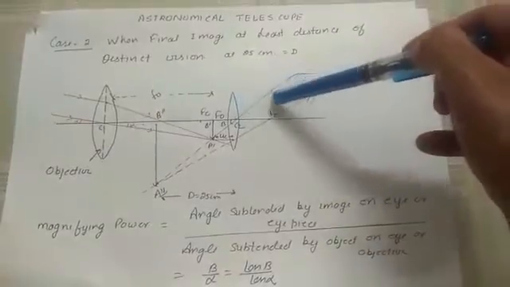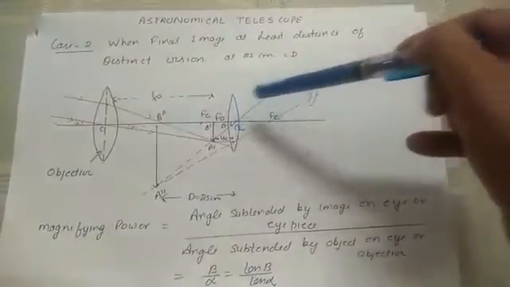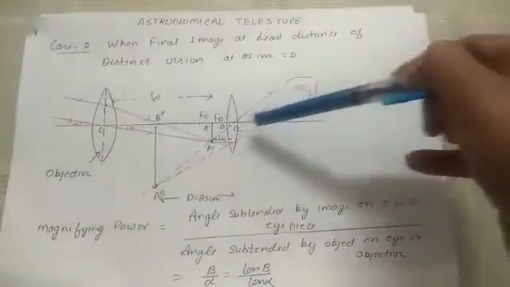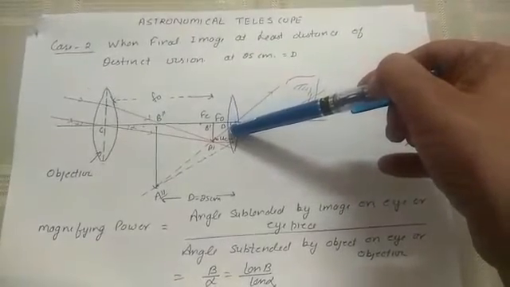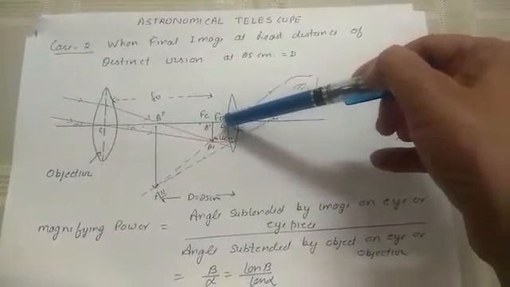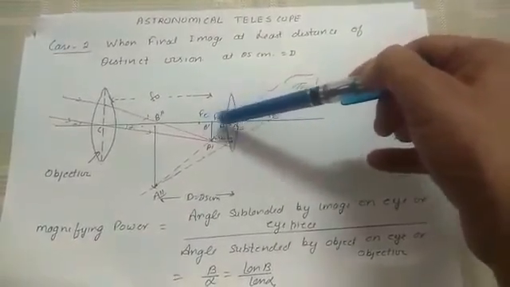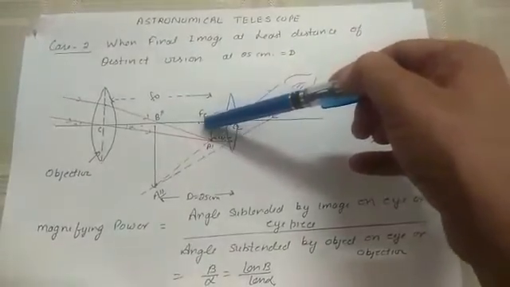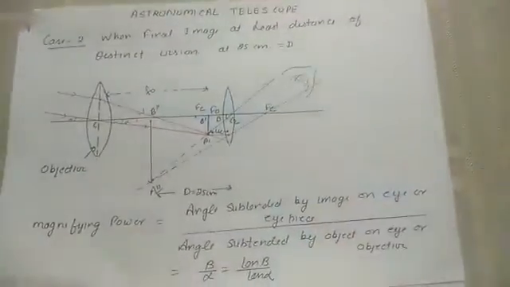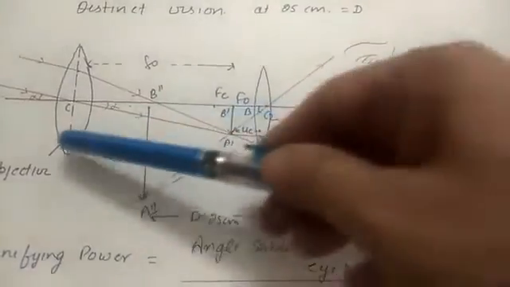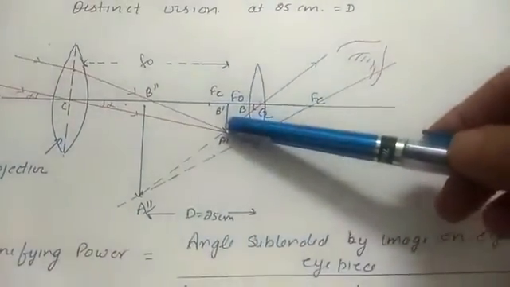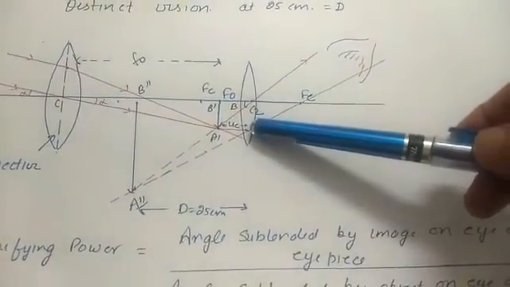We are observing from the eyepiece. We can move eyepiece on left and right side. If we adjust eyepiece in such a way that its focus FE will come here, beyond this A dash B dash, then this image formed by objective will work like the object for the eyepiece.